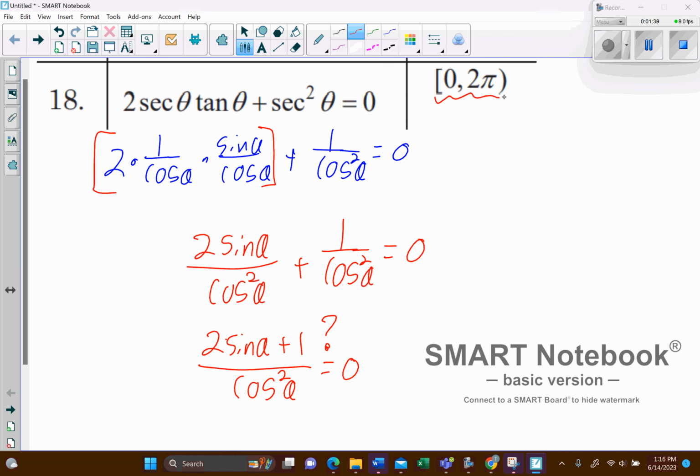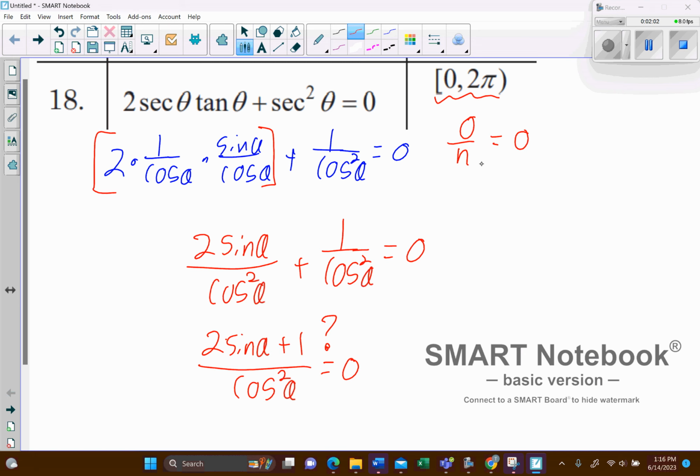And here is our domain, or basically the parameters we need to look for to find this. I know that if I take 0 and divide it by something other than 0, that will equal 0.